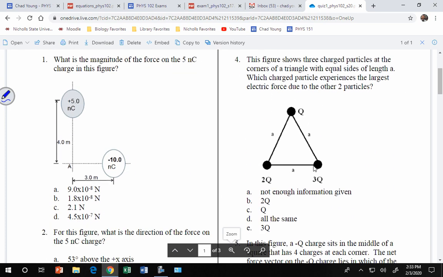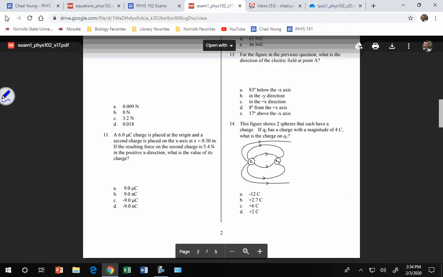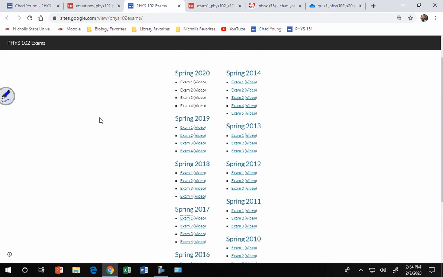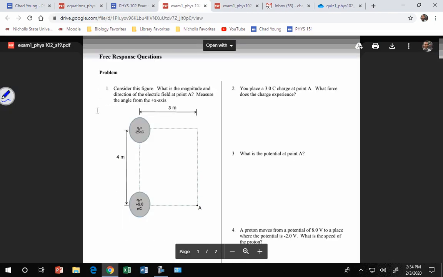Do y'all want to do a problem like the free response? Okay, let me show you. I've only been doing free response in this class one semester, so this gives you a good feel, the exam 1 from last year. And it will be a lot like this problem. I might move the charges around a little bit, but it will always be so that I have one electric field on axis and one off axis.